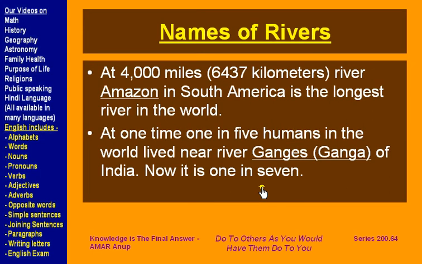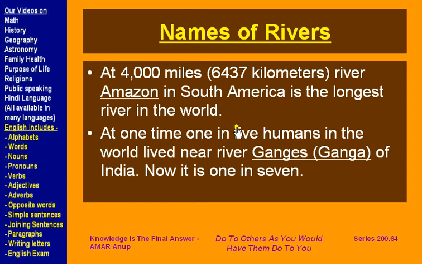Then the names of the rivers are also capitalized. For example, at 4,000 miles or 6,437 kilometers, river Amazon in South America is the longest river in the world. Here Amazon is the name of the river, so A in Amazon is capitalized.